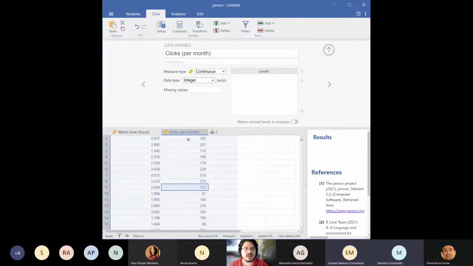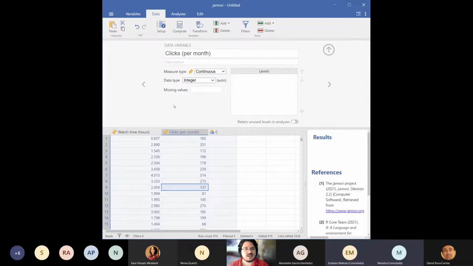You could also assign this a set of levels if you decided this was ordinal, for instance. You could say from 0 to 50, it's a little amount of clicks. From 50 to 100, it's a reasonable amount of clicks. From 100 to 200, that's a lot of clicks.